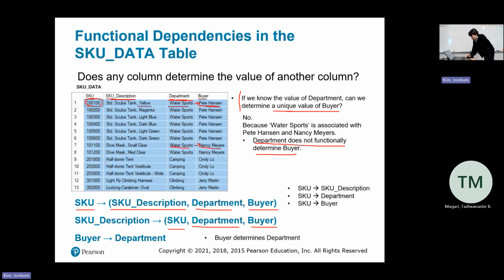Maybe Half-Dome Tent is unique. Half-Dome Tent determines 201000, and it is associated with only camping, and then the buyer Cindy Lou. It is associated with only one unique value. So you can say that SKU description determines SKU, department, and buyer. We have the two functional dependency relationships.